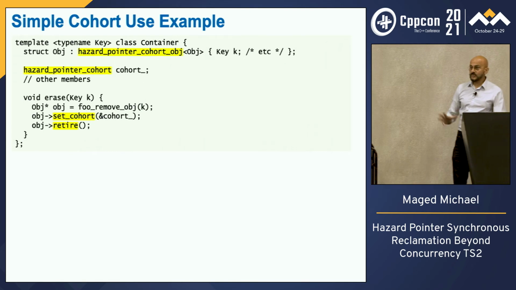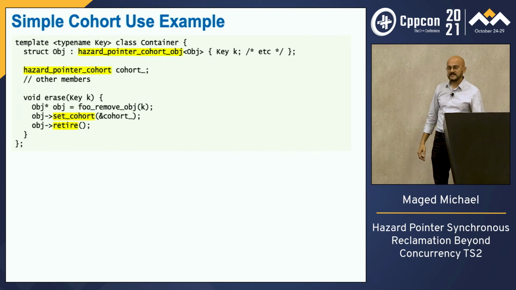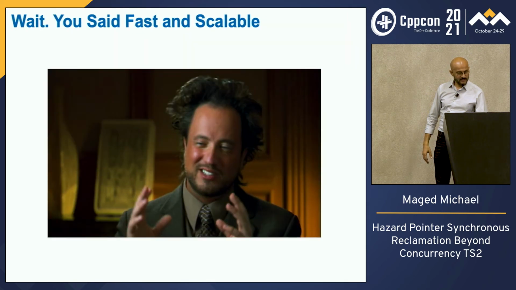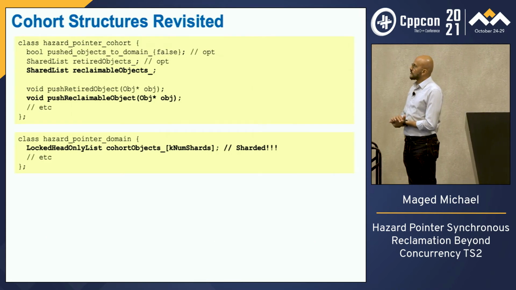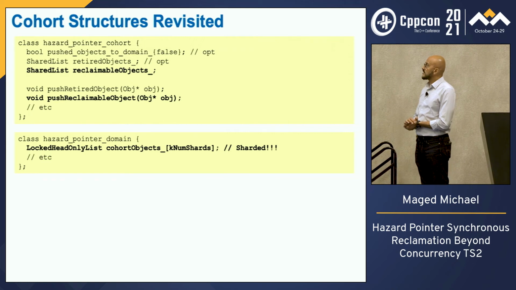All right, getting back to how we change the algorithm to make it fast and scalable. What we are going to add to these structures is that the cohort will have a list of reclaimable objects. These are objects that have already been vetted by asynchronous reclamation and identified as reclaimable. So we're saying these are ready to be reclaimed; you don't need to check hazard pointers.